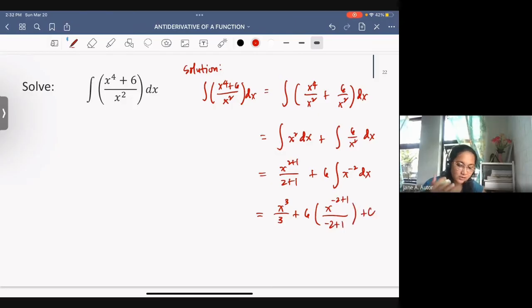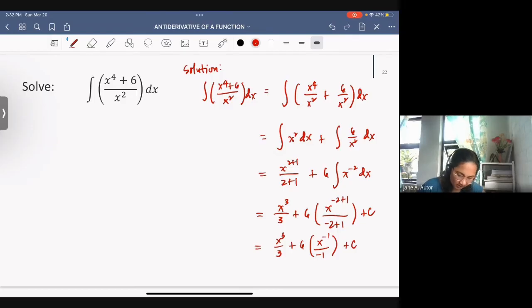By the way, once you apply the integration rule, no need to include dx. You just have to simplify now the obtained values. So we have x cubed over 3 plus 6 times the quantity x raised to negative 1 divided by negative 1 plus c.